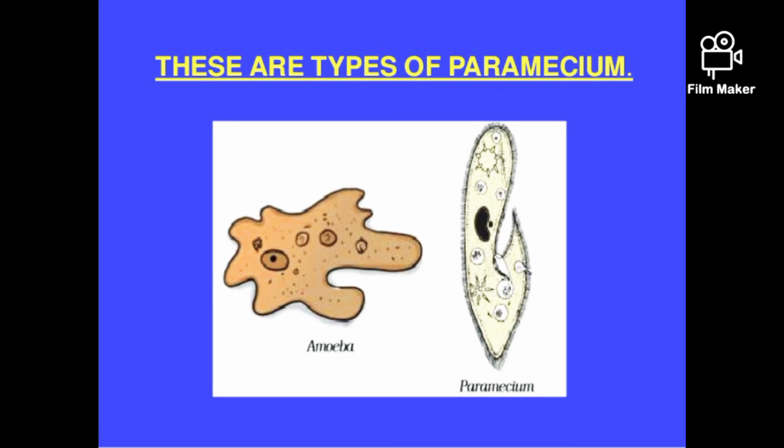The types of protozoa are amoeba and paramecium. The amoeba is shapeless. It can take its own shape according to the surrounding conditions, and the paramecium has a slipper-like shape.